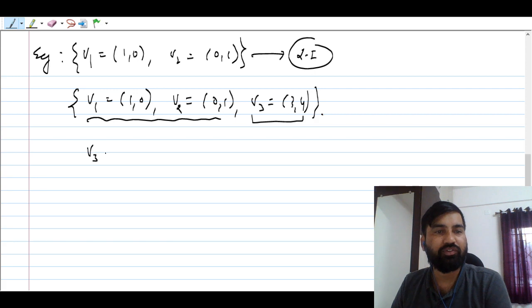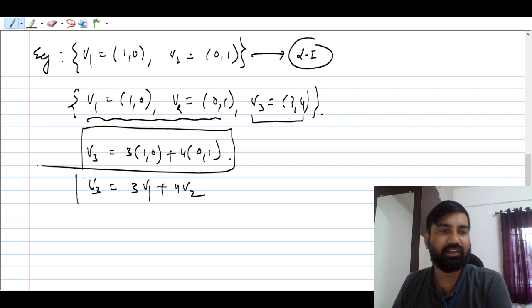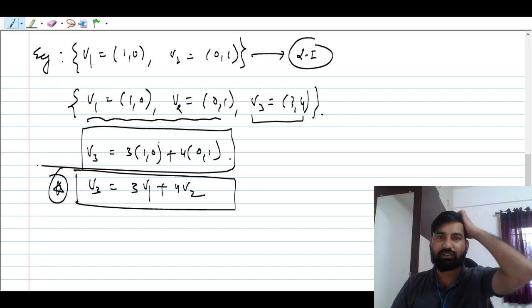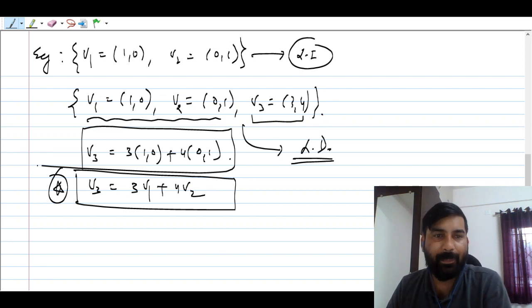How? v3 can be obtained by multiplying 3 times 1 0 plus 4 times 0 1. This is the linear combination. So you are taking the linear combination 3v1 plus 4v2 and you are getting v3. So what you can comment here, guys, is that this set of vectors is not linearly independent, they are linearly dependent.